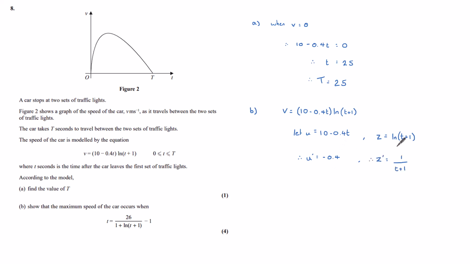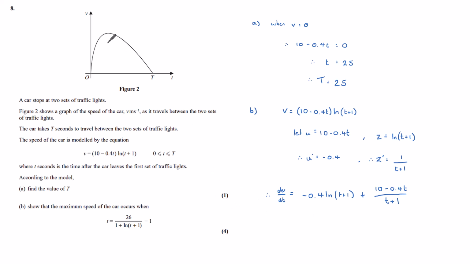Differentiating z, ln(t + 1) differentiates to 1 over t + 1. Now putting this together with my product rule, which would be u'z + uz', gives me a dv by dt of -0.4 ln(t + 1) + (10 - 0.4t) over t + 1.